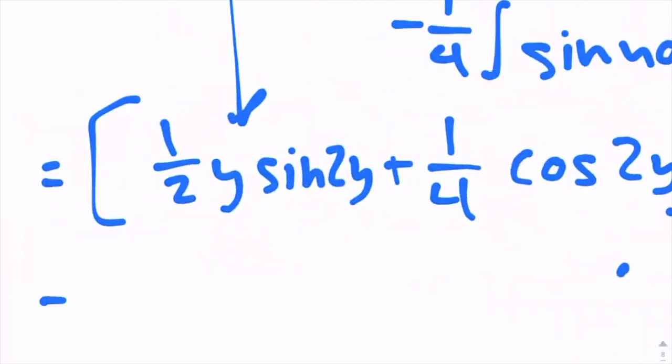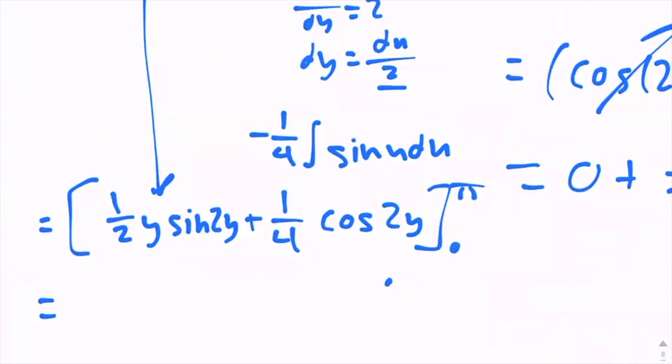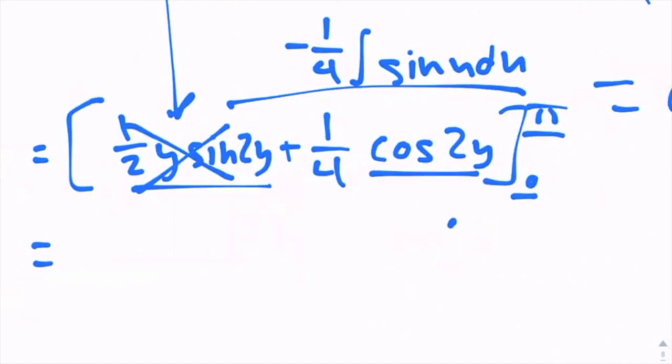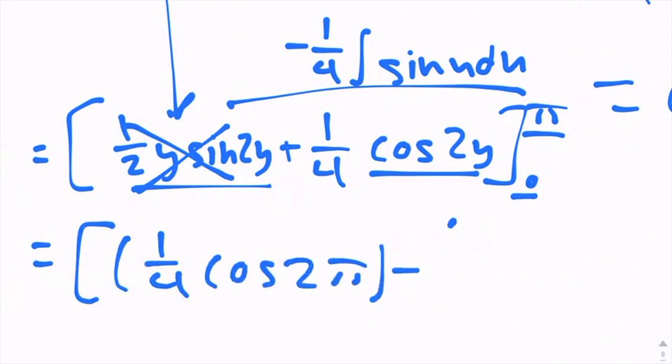And finally, when we plug in 0 or pi for this value right here, we know sine of 2 pi is equal to 0. And then sine of 0 is also equal to 0. So regardless of either of these two limits that we plug in, we get 0. So I'm kind of just going to cross that out. So now looking at 1/4 cosine of 2y, we have 1/4 cosine 2 pi minus 1/4 cosine of 0.